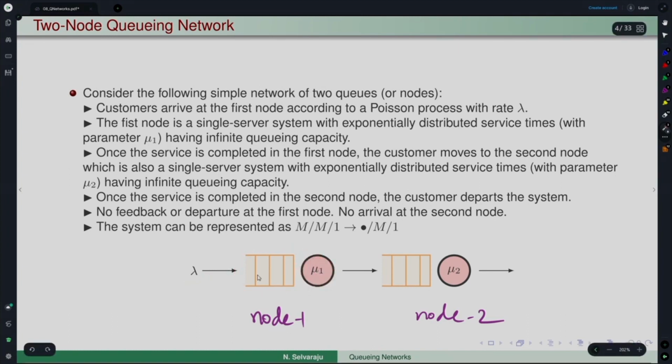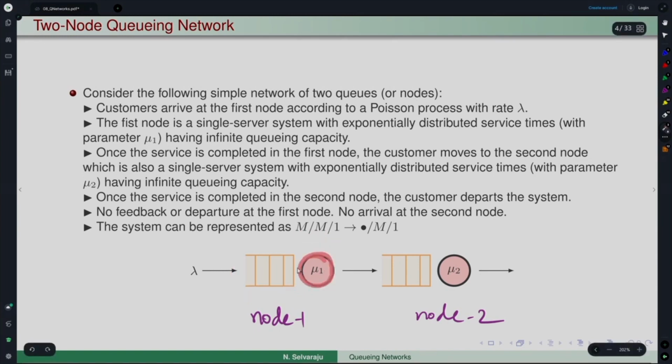This is a single server system and the service time here is exponentially distributed with parameter mu1, and it has an infinite queuing capacity and the service discipline is FCFS. So, this first one is typically an MM1 queue.